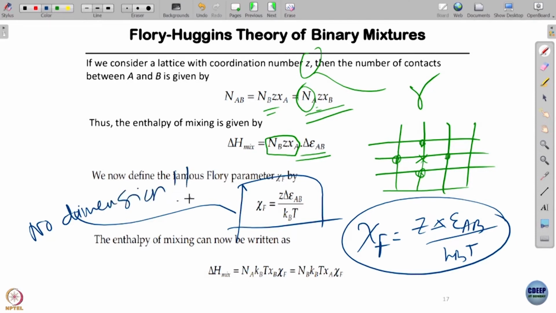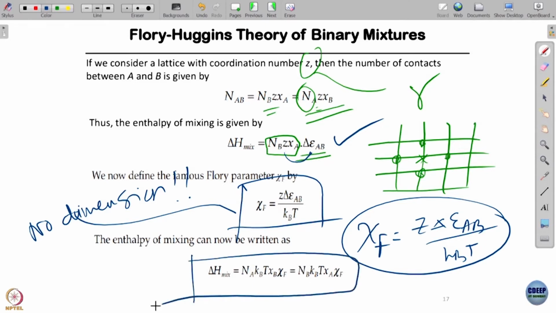Then we get delta H mixing. Now this term we are going to rewrite by introducing this z into delta epsilon AB, combining that, dividing and multiplying by KBT, and then we get this thing, the delta H mixing. Remember, now we have explicitly the Flory interaction parameter, or Flory parameter.